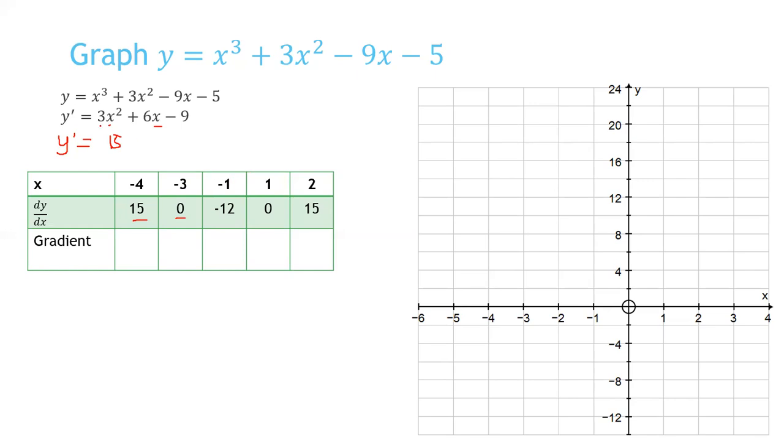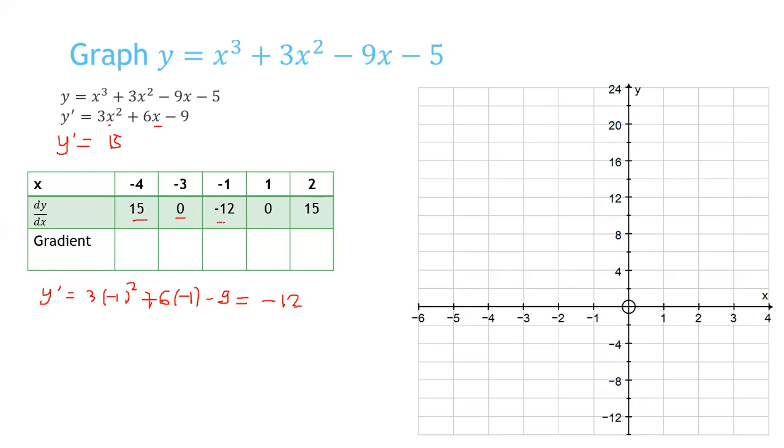If negative 1, the first derivative would become 3 times negative 1 squared plus 6 times negative 1 minus 9, equal to negative 12. This one, because 3 minus 6 is negative 3, and negative 3 minus 9 equals negative 12.